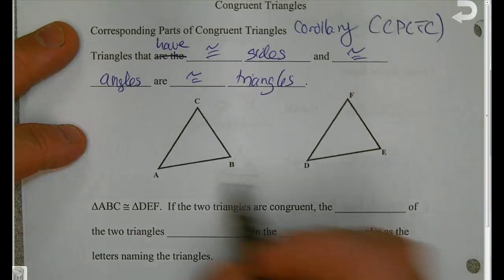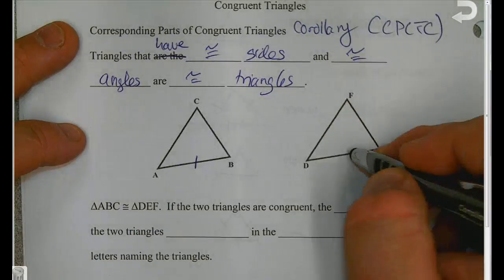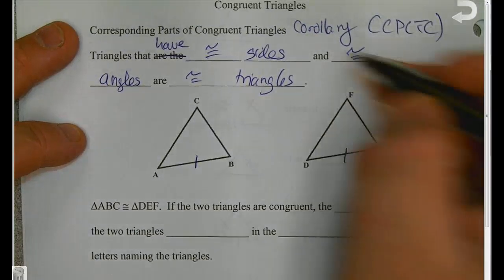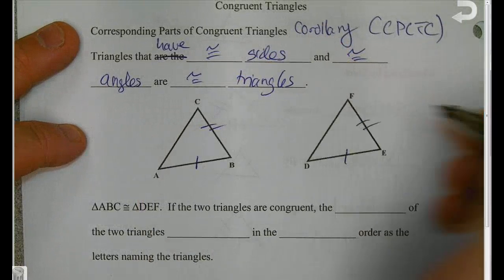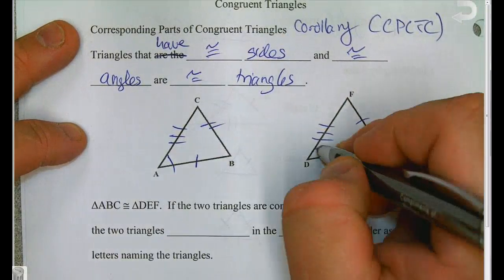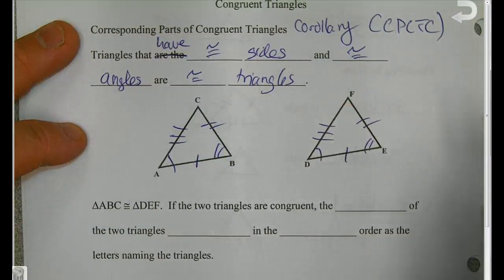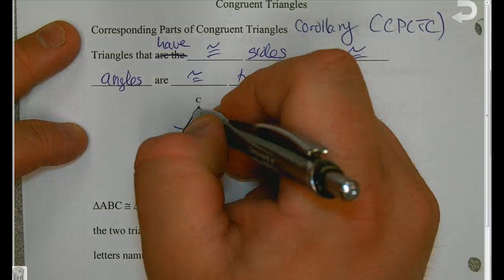So, triangles ABC and DEF are congruent. AB is congruent to DE, BC is congruent to EF, and so forth. Angle A is congruent to angle D. Angle B is congruent to angle E. And you get the idea.